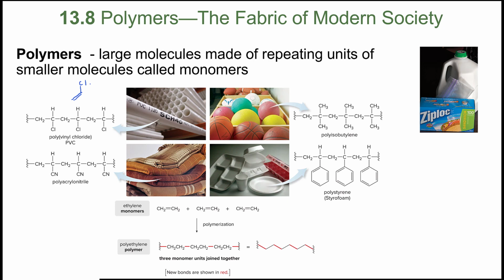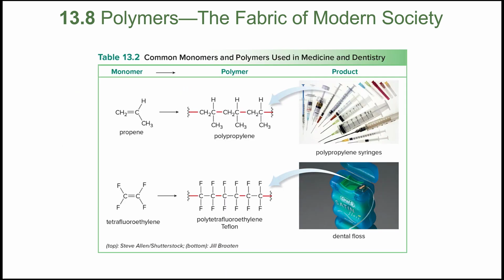So soft drink bottles, plastic bags, food wrap, even CDs, Teflon and styrofoam, these are all made of synthetic polymers that have been created in the lab. So in a polymerization reaction, you have these monomers, and they undergo a reaction and join together to make a long repeating unit. We may also come across polymers in fabrics.